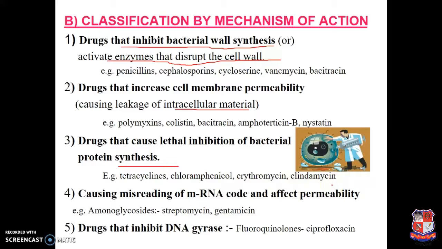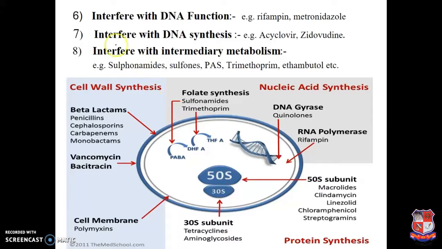Drugs causing misreading of the mRNA code that affect permeability: aminoglycosides, including streptomycin and gentamicin. Drugs that inhibit the DNA gyrase enzyme: fluoroquinolones, including ciprofloxacin, are the main example.